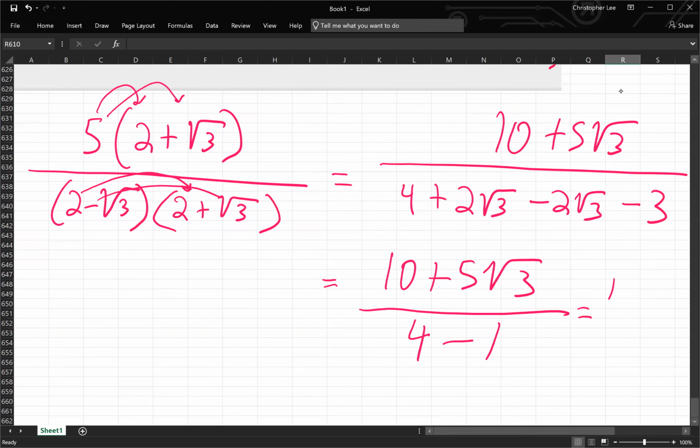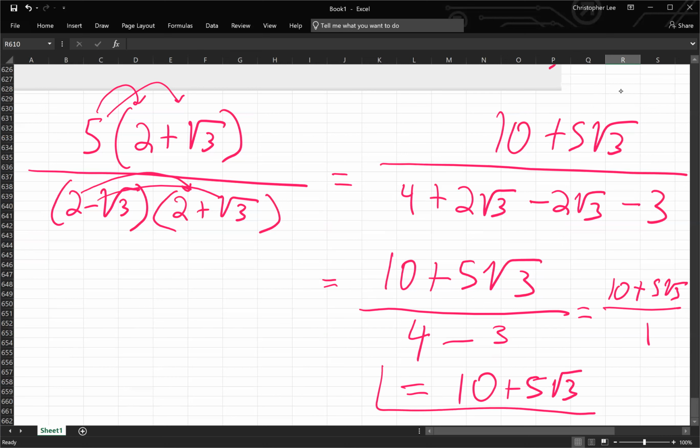So now, 10 plus 5 square root 3 over 1, right? So final answer is just 10 plus 5 square root 3. That looks good.